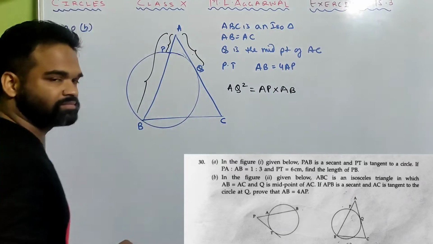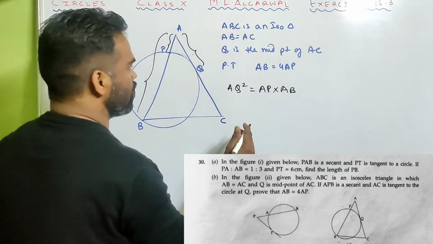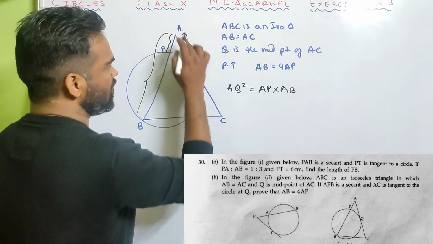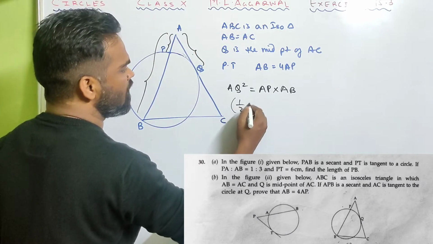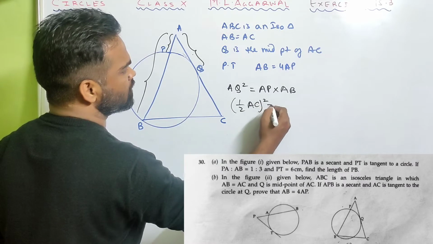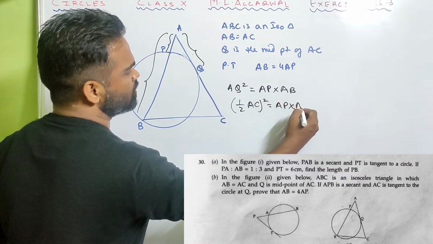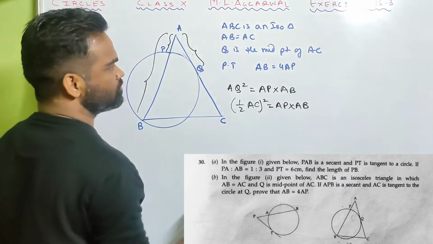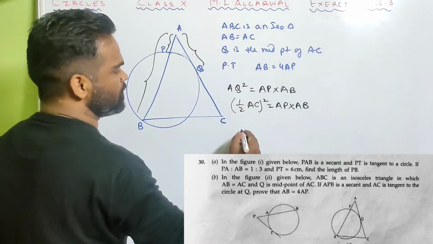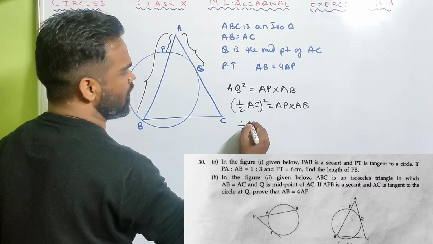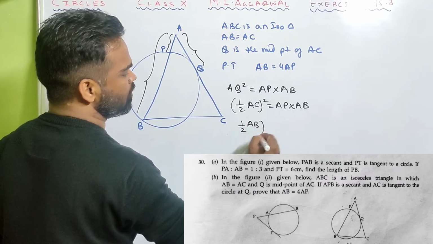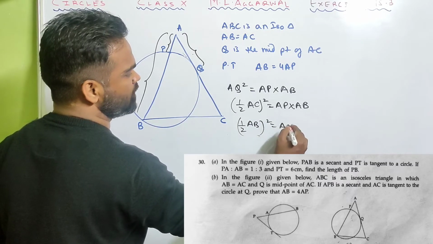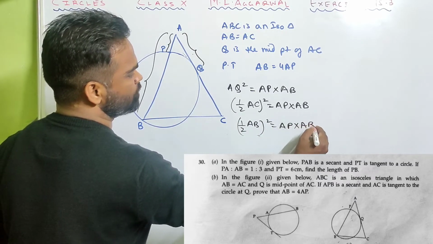Yes or no? Okay. Now Q is the midpoint, so AQ is half of AC. Yes or no? I can substitute because Q is the midpoint. Now AC equals to AB, so I can substitute half AB whole square equals to AP multiplied by AB.